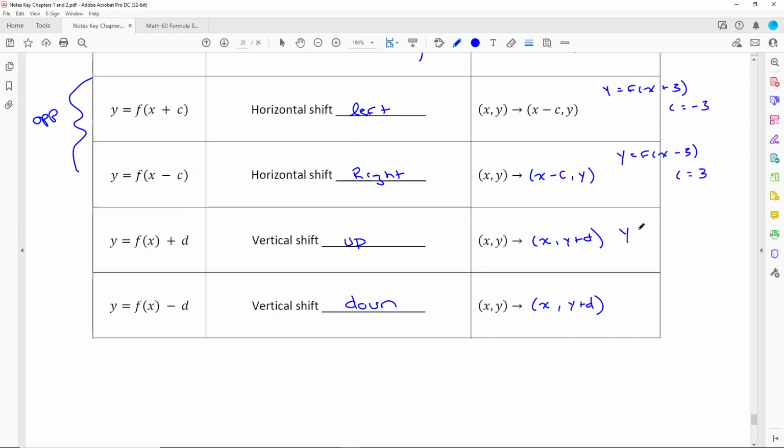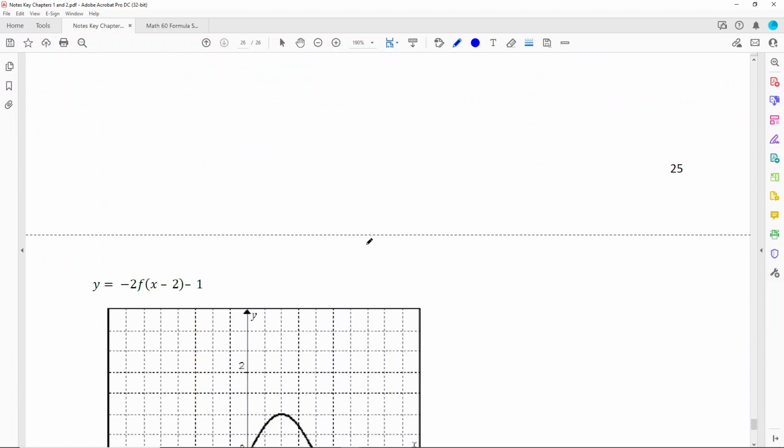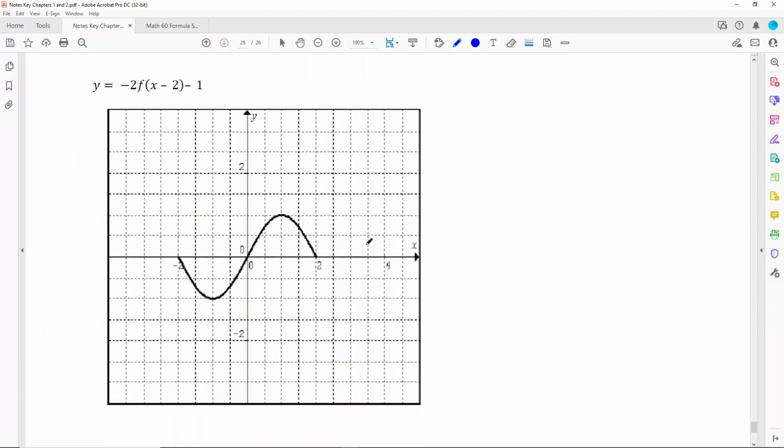But if you have Y equals something like F of X plus 3, it's going up 3, so this one has a D value of 3. Whereas if you have something like F of X minus 3, your D value is negative 3, and so that makes it go down. Okay, whatever helps you do it.